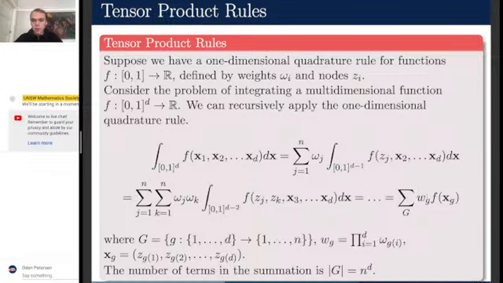In the end, we get a nested summation with a bunch of omegas out the front of the term, and then eventually we get down to a zero-dimensional integral, which is just the function. So we get rid of all these integrals, and we just have a product of a bunch of omegas, a bunch of nested summations, and then just the function value, and we're able to fix all of these points.